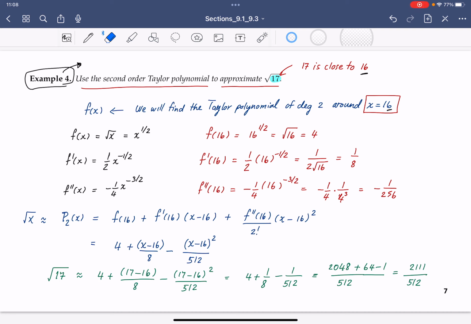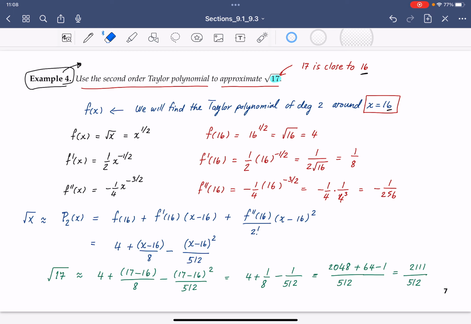The problem that we learned from this example is that if you ask 10 people to approximate the same thing, they could come up with different answers, right? Because some people want to use degree 5, some people want to use degree 6, some people use center at 0, some people use center at 1. So it depends on what you pick.